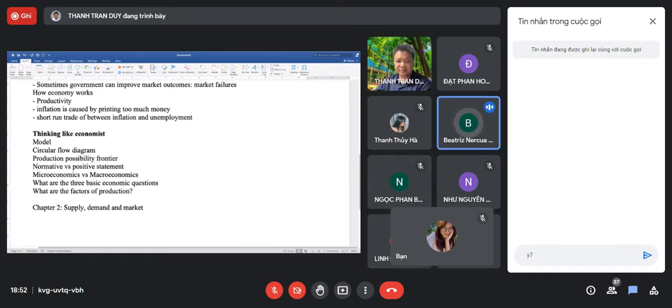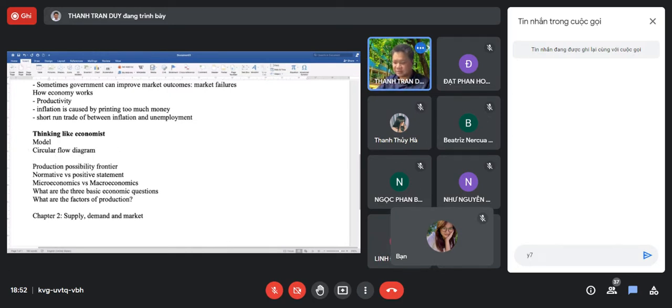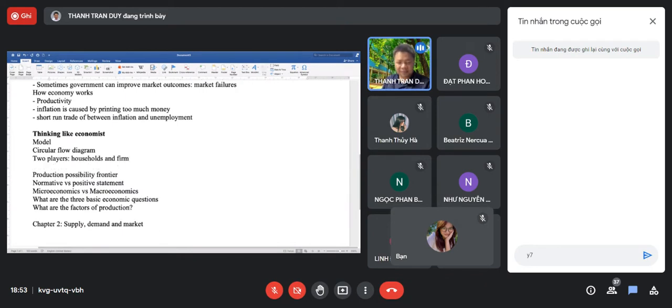It is the flow of resources from firms to households and goods and services that flow from households to firms. It means the circular flow diagram demonstrates the economy, in which we have two players, households and firms.